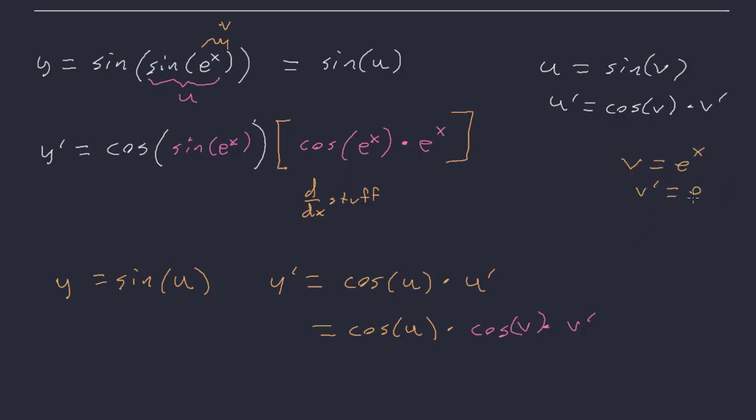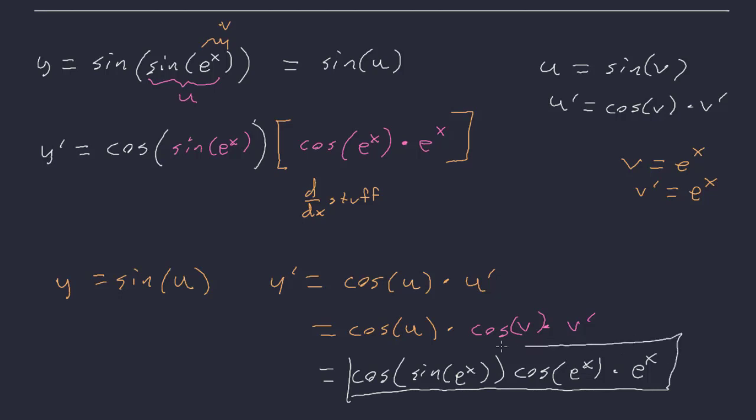So v prime is e to the x. So now we just put all our stuff back in. Cosine u, well, u was sine of e to the x. Cosine v, well, v is e to the x times v prime, which is e to the x.